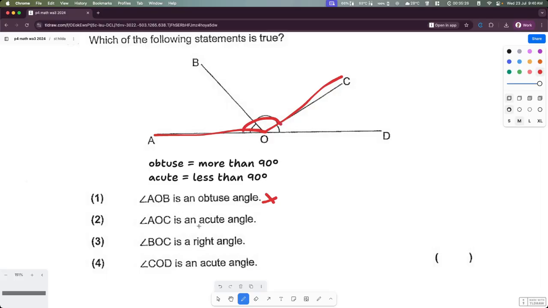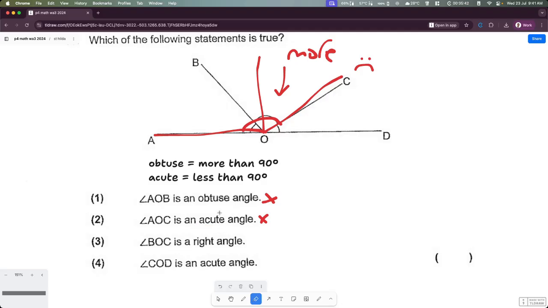Yes, but we are asking for acute. So it should be less than 90, but this is more. So that means this is wrong as well. Let's move on to the next statement. Let me remove everything here.